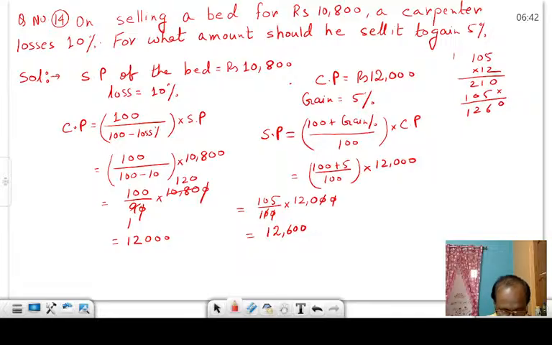Therefore, the question is, for what amount should we sell it to gain 5%?